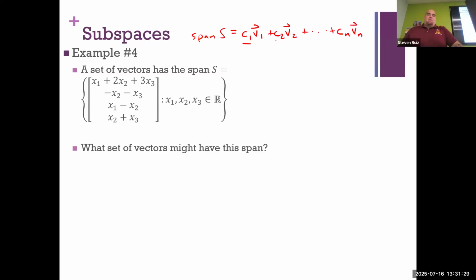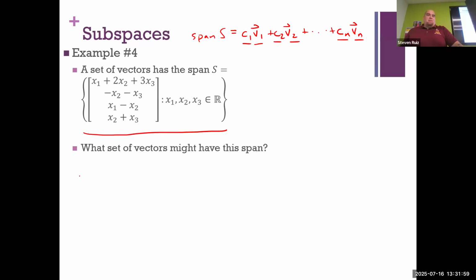What would stand in for the constants? What would stand in for the vectors? In this thing that I'm giving you inside the curly braces here, what are the constants? Yeah, x1, x2, and x3 are the constants.